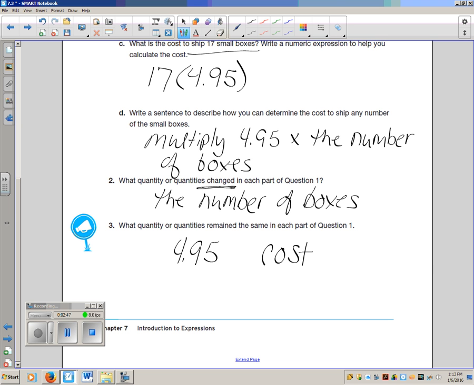Quantities that change are called a variable. Quantities that stay the same is a constant. Two important terms for algebra: variable and constant.